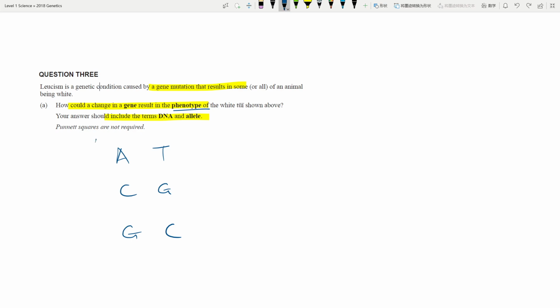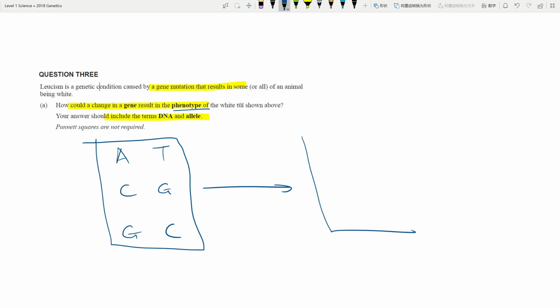Mutation changes the base pairing. So after mutation, instead of ATCG, this one got changed into C and G, and then the other remains the same, for example.